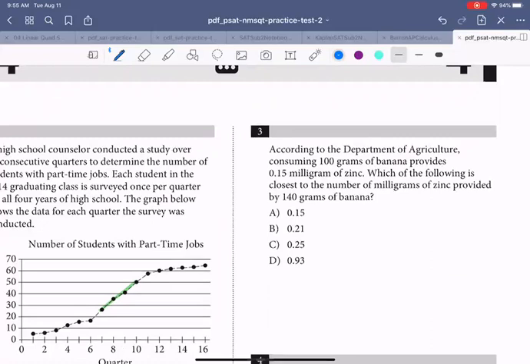You can use a calculator, okay? Which one do you choose?